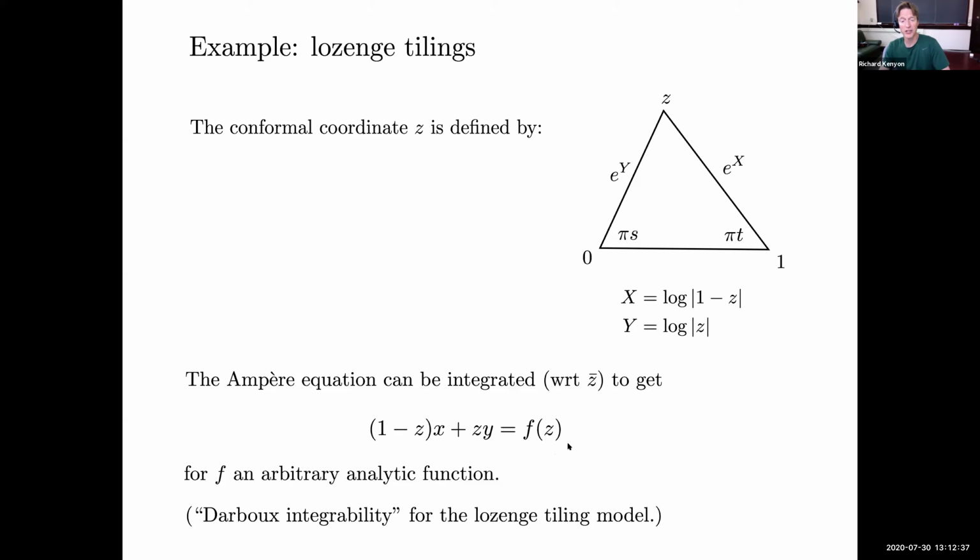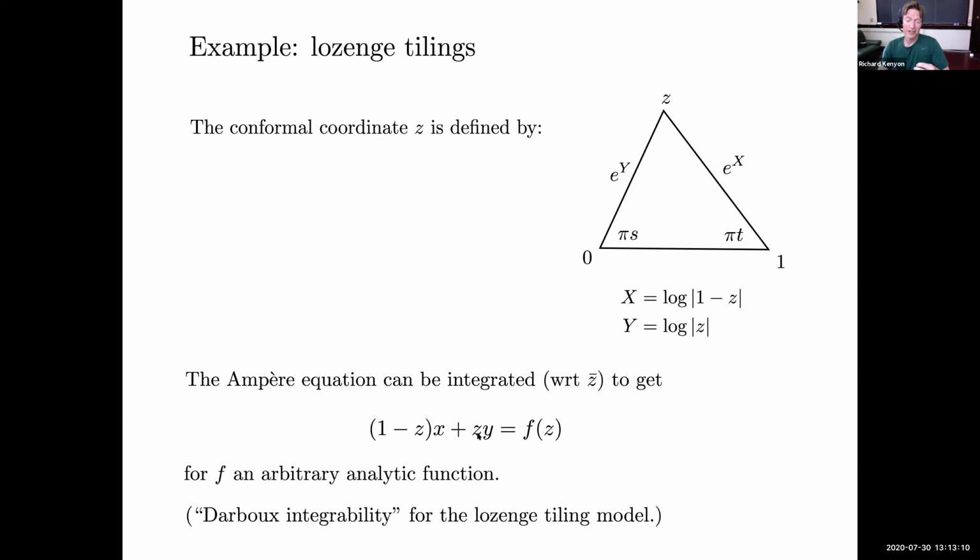This is the constant of integration, maybe multiplied by, no, I think this is correct. So that's what happens when you take the Ampere equation and integrate with respect to z bar: you get a very simple linear relation between z and x and y, except for this constant term, the constant of integration, which is now an arbitrary analytic function of z.